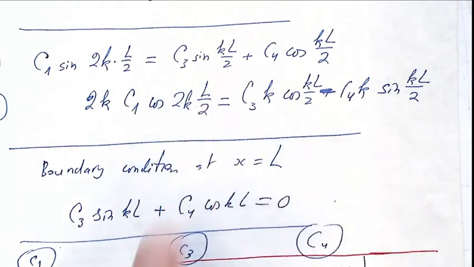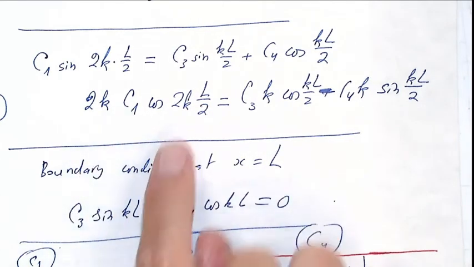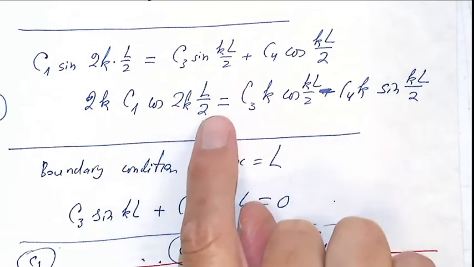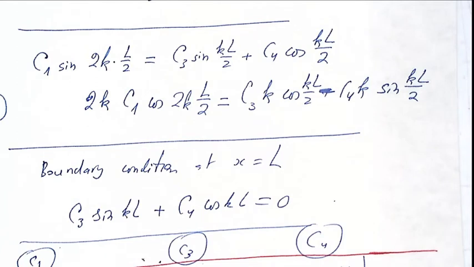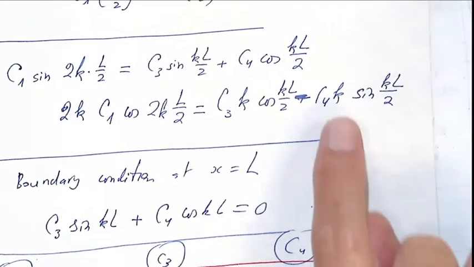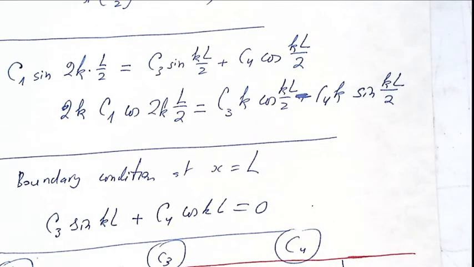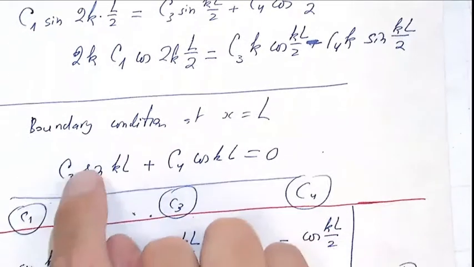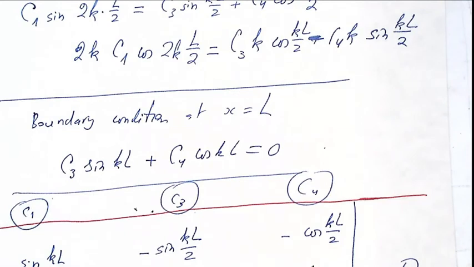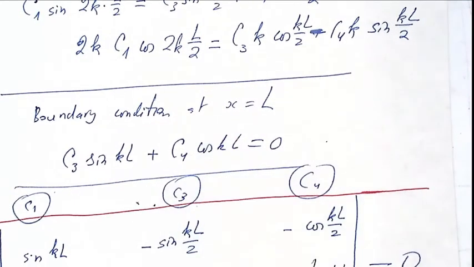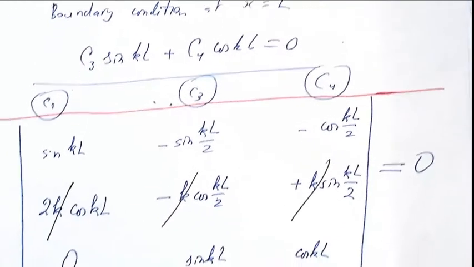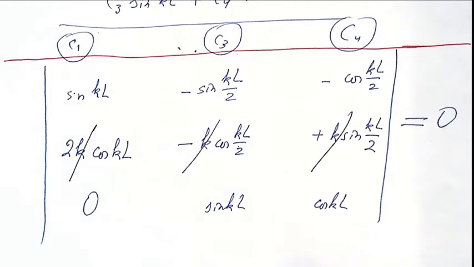Here, C1, 2k cosine 2k L over 2 is kL, minus k cosine kL over 2, plus k sine kL over 2. Now here, there is no C1, so C1 is multiplied by 0, C3 by sine kL, C4 by cosine kL. So I get this expression, 3 by 3, this 3 by 3 determinant must be 0. I will wait a minute so that you could write it down.